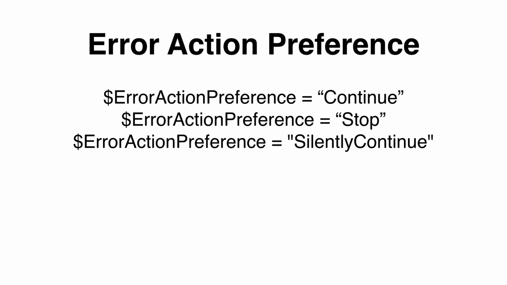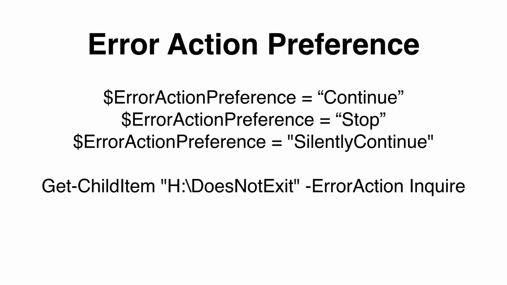This will not throw an error message, but the error messages are still logged to the error variable. If you don't want to specify the error action preference in the beginning of your script, or you want the commandlet to react a bit differently, you can specify that directly in the commandlet by using the ErrorAction parameter as specified up here.